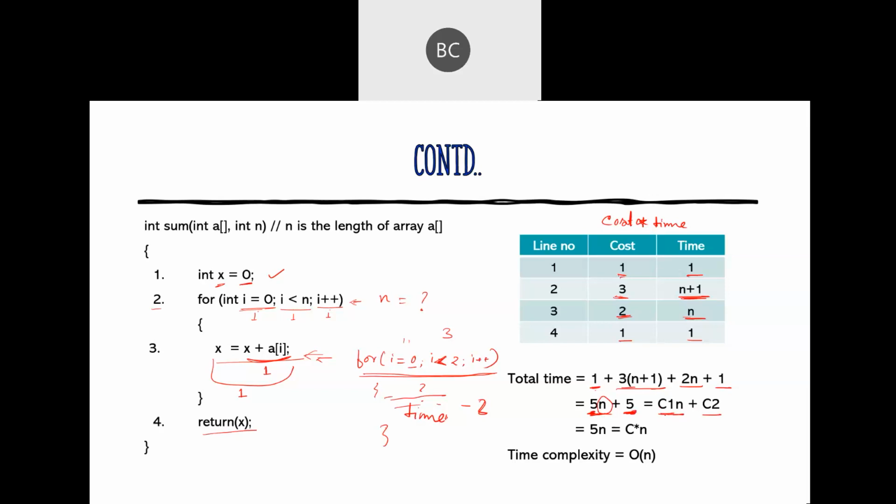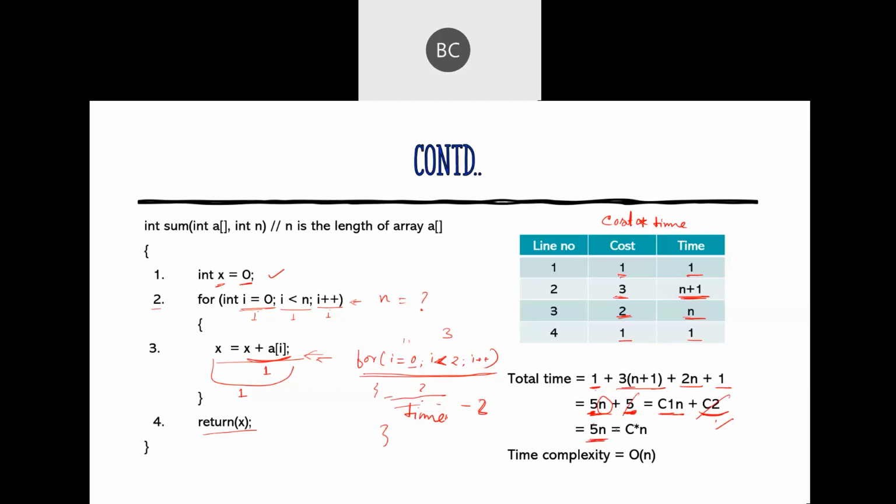Now again I mentioned we simply ignore all constants. Since C2 is a constant term, we ignore this part, and here also you can ignore this part. So the remaining term is just 5n.